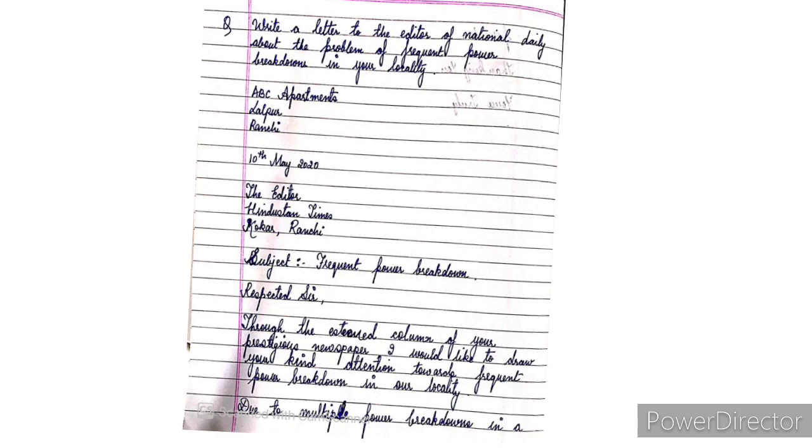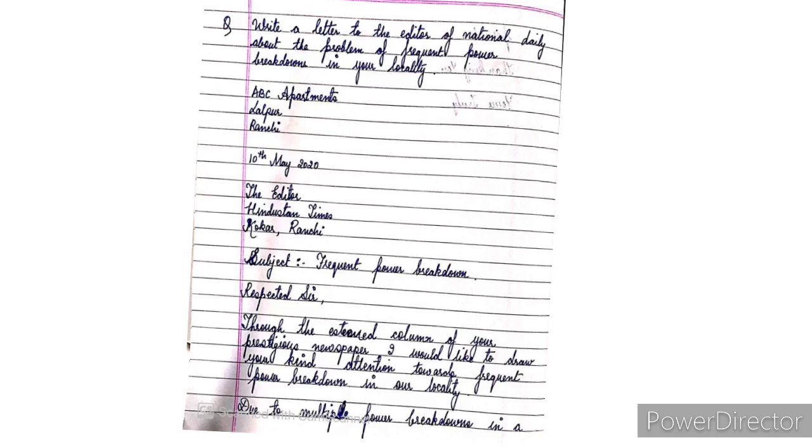Then you have written the date on which you have written this letter. And then comes the address of the receiver, the editor's address. So you write the editor and the newspaper in which he or she is working.